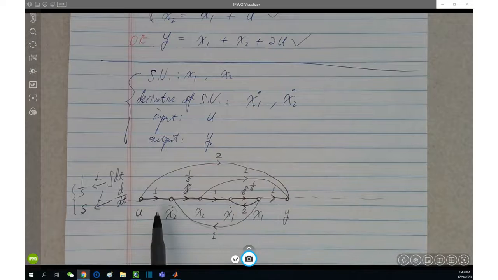And from this signal flow graph, you can tell along the horizontal line, there is no open, right? No open. But could it be open? Not possible between x dot and x, right?